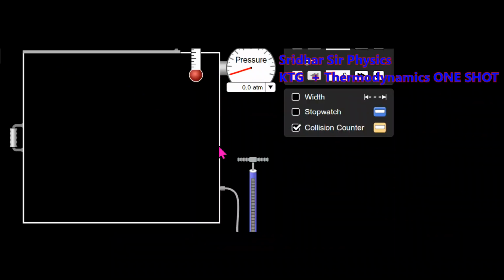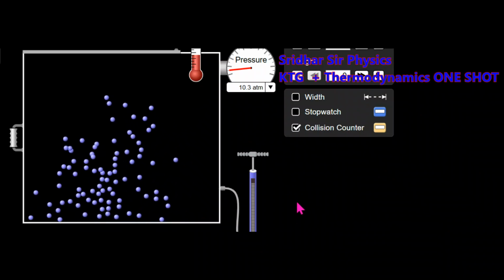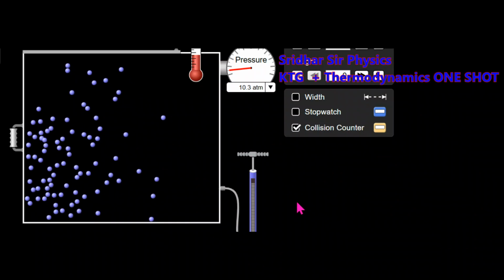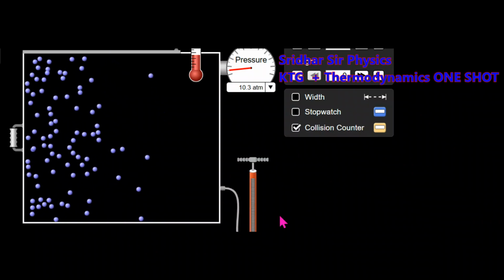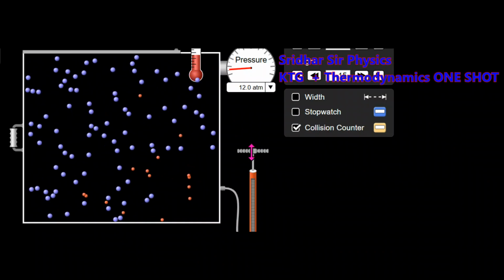There's a vessel. In that, first I will send some set of gases. These are some say monatomic gas molecules. Then I will send the diatomic gas molecules.